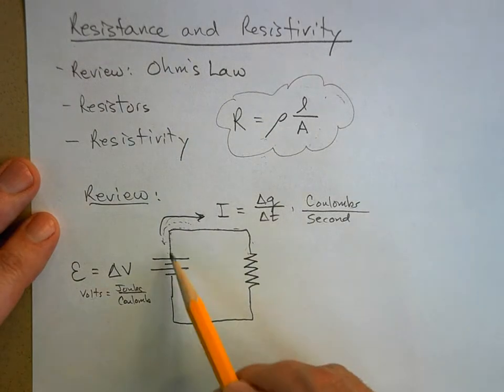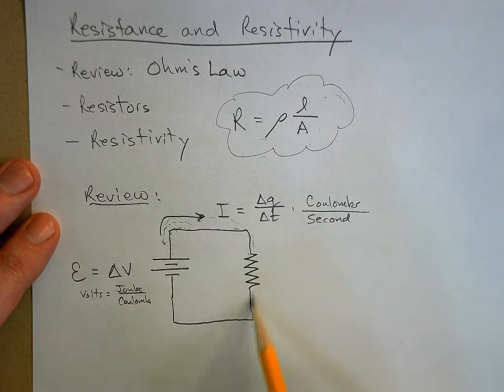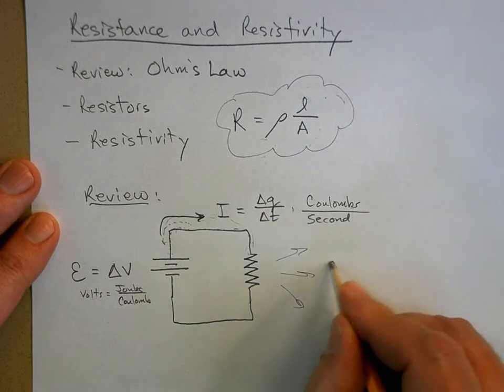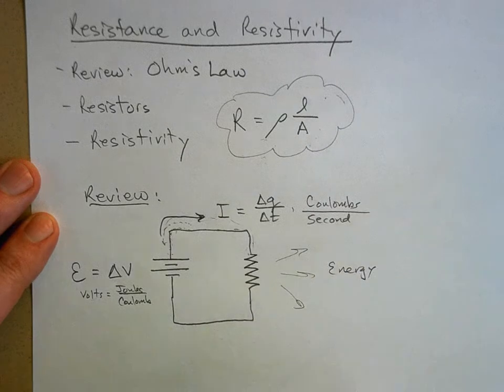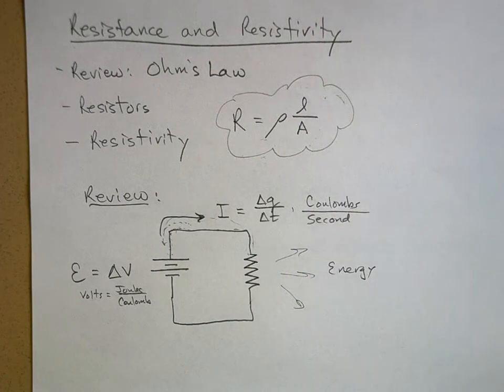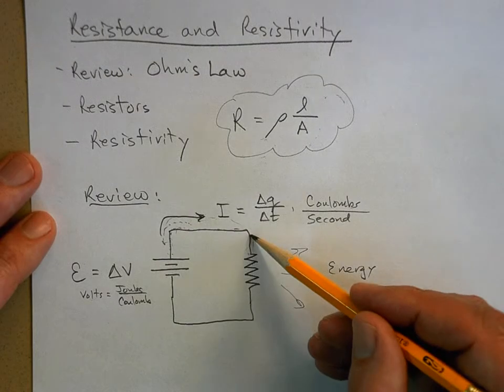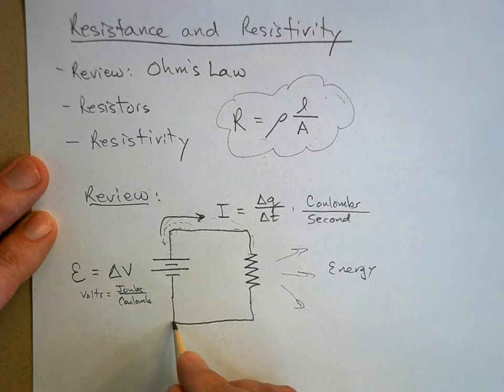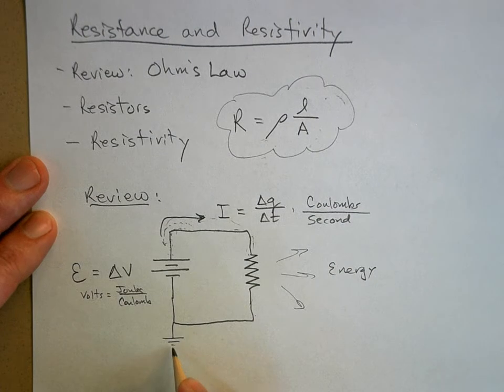Then this current will flow through this resistor, and that resistor will send the energy out of the circuit at a certain rate, or power, and then the energy in the electricity is back down to zero. So here, sometimes you'll see this little ground symbol.